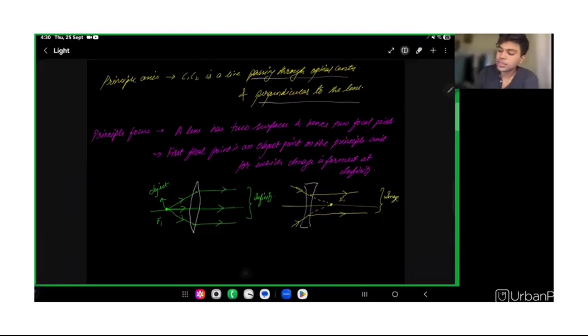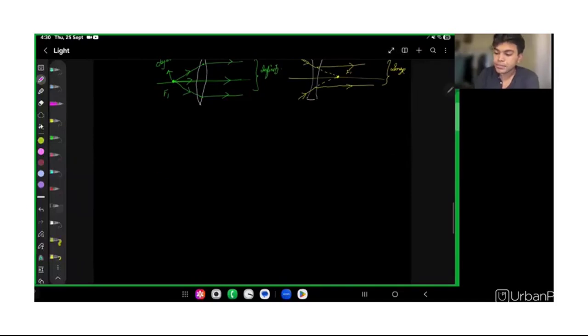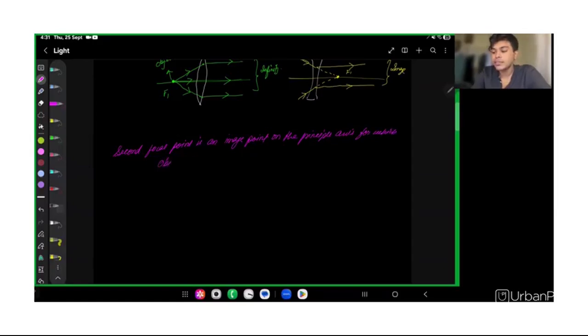And the second focus, the second focal point, is an image point on the principal axis for which the object lies at infinity.